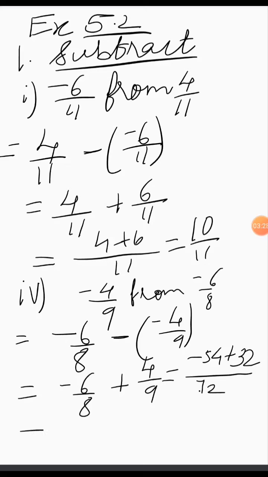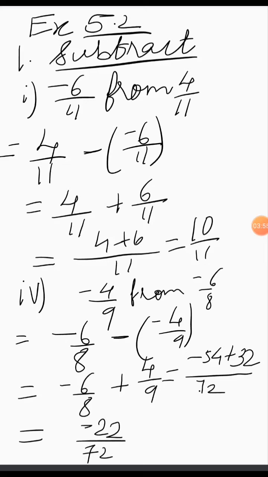Now simplify. One negative, one positive, you have to always subtract and put the greater number's sign. So what is the answer for this one? 54 minus 32 is 22, so 4 minus 2 is 2, 5 minus 3 is 2, and the greater number's sign, by 72.